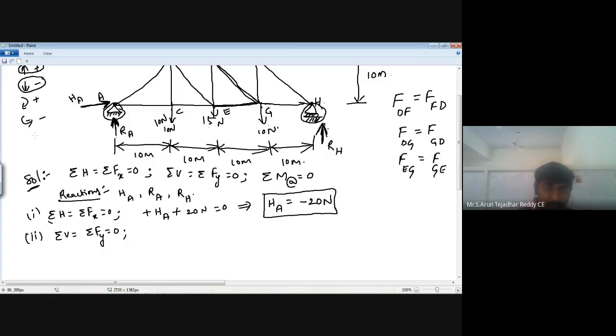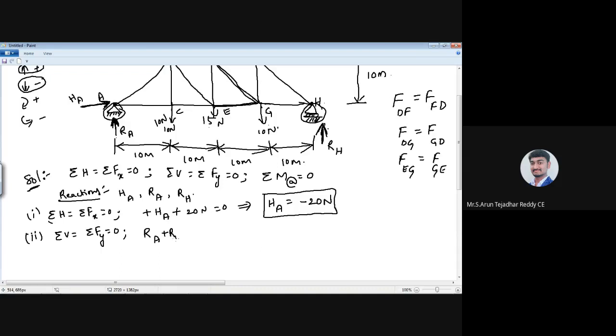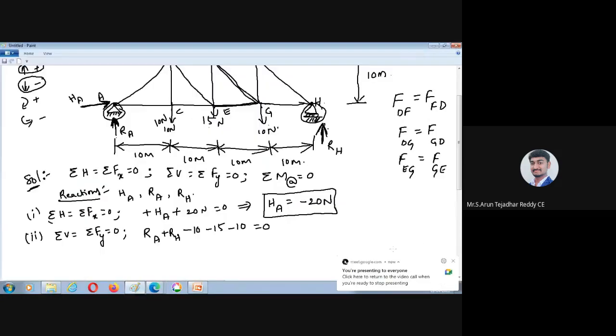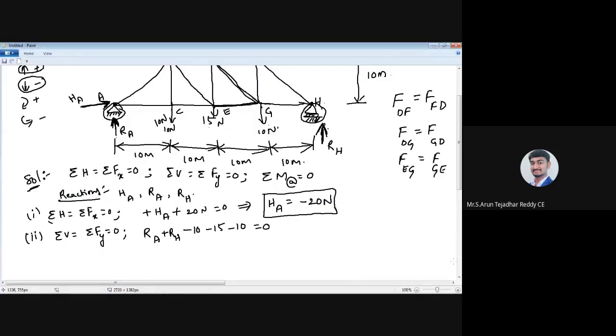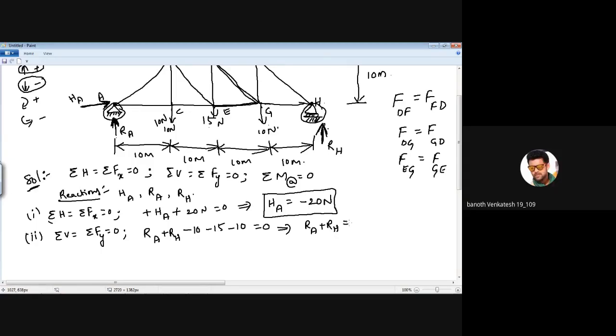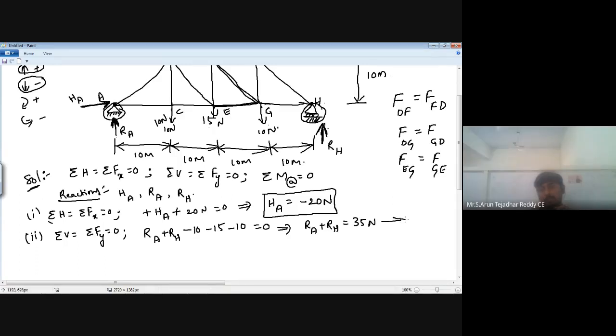It means RA plus RH, both are positive because of the upward direction, minus 10 minus 15 minus 10 is equal to 0. So you can write it as RA plus RH is equal to 35. Give it as equation number 1.